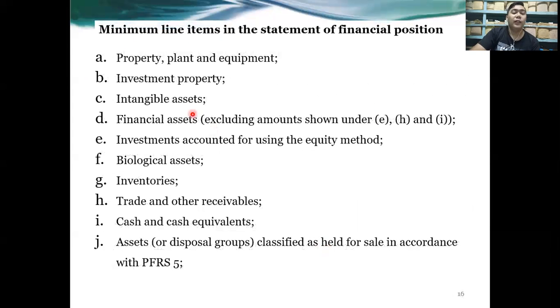Okay? So, minimum line items in the statement of financial position. Ari ni siya sa book, which is ari siya sa PAS. Okay? So kinanglan familiarize yourself. Usually sa board exam, for example sa multiple choice, mahambal siya, between the choices, sa diin ang wala na-include or ma-exclude sa minimum line items sa statement of financial position.